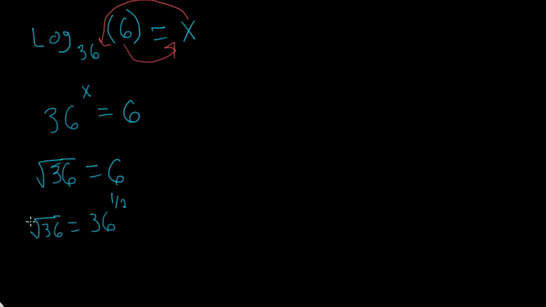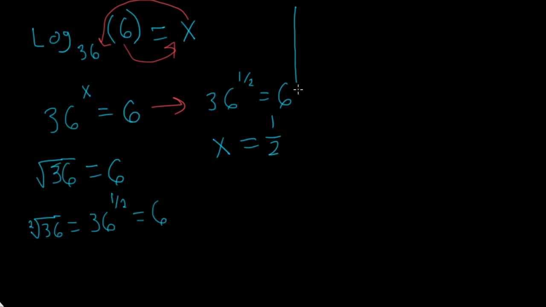When we have the square root, we imagine this to be like a 2 root. So for our original problem, 36 to the 1/2 power is equal to 6, because the square root of 36 is 6, which means that x is equal to 1/2.